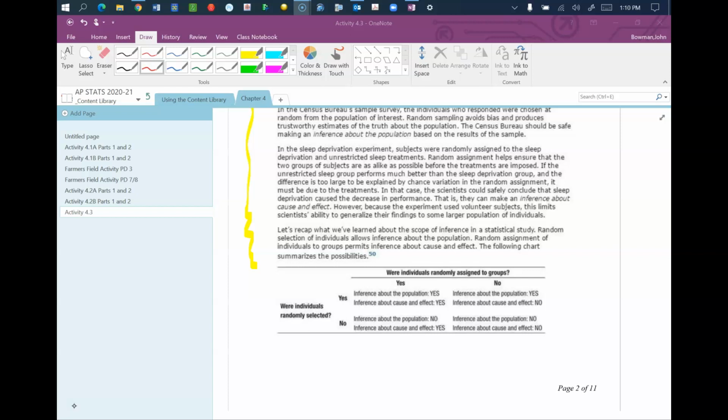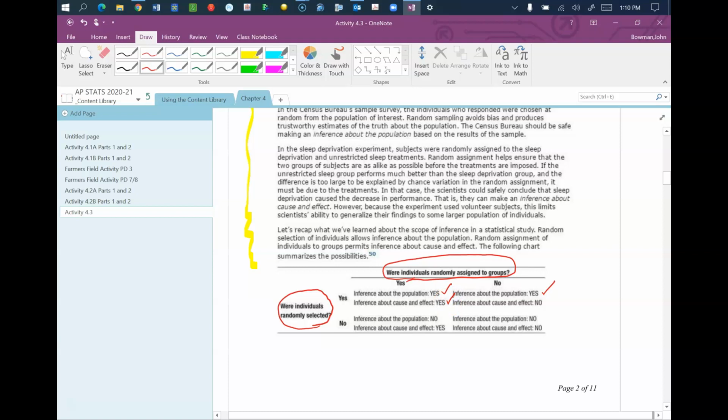So for example, if the sample was randomly selected from the population, then we can make inferences about the population. If those subjects were randomly selected from the population and they were also randomly assigned to groups like a control and a treatment group in an experiment, then we can also make inferences about cause and effect.